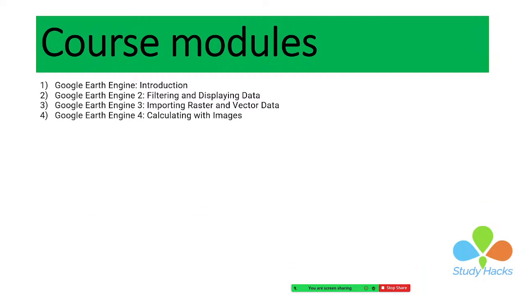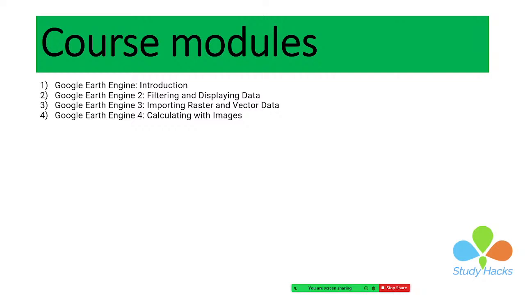Then calculating with images. We also know about different types of equations, suppose NDVI or NDWI or any other indices. You can easily calculate them using the Google Earth Engine platform. You just write the equation, then we can easily get the map and time series chart of the NDVI or NDWI or any other indices. You just need to put in the equation.